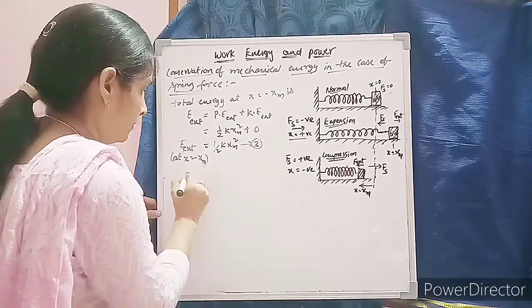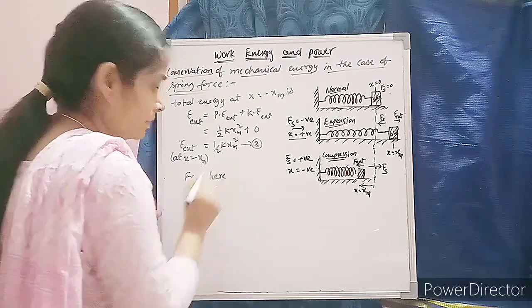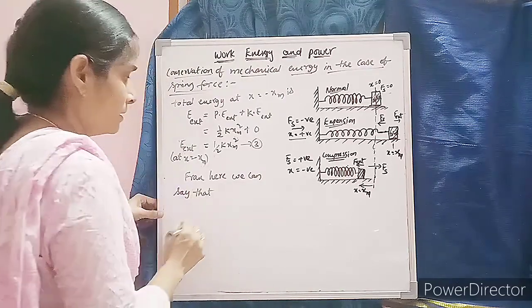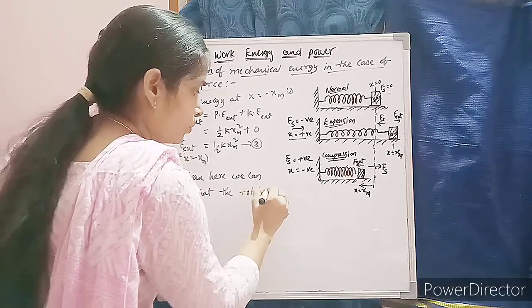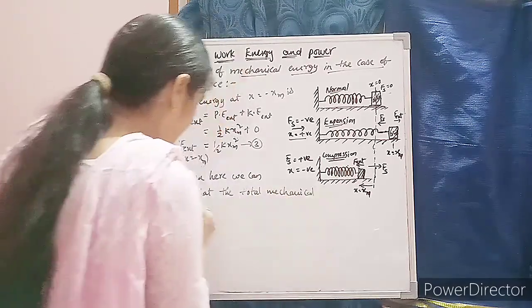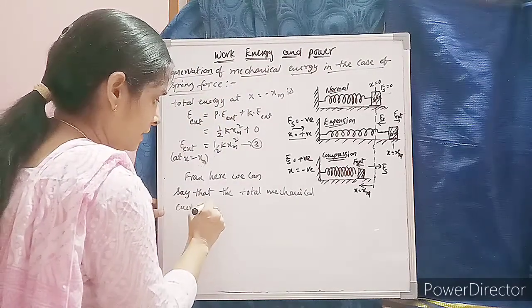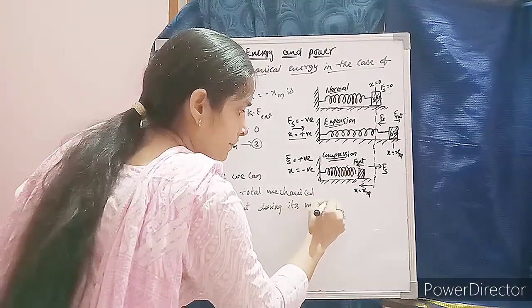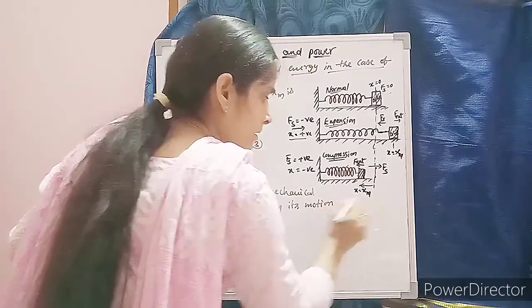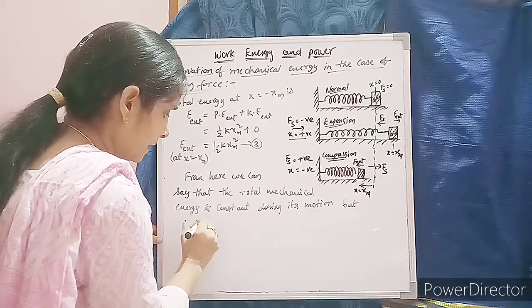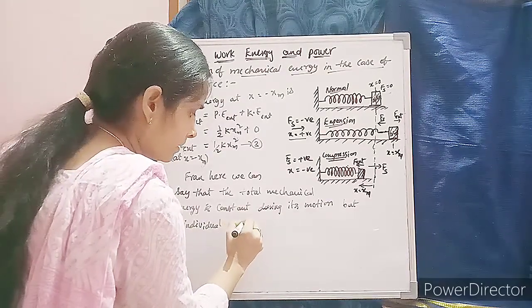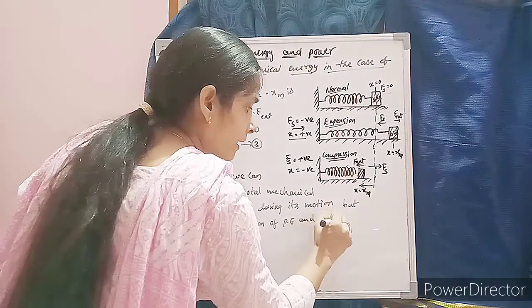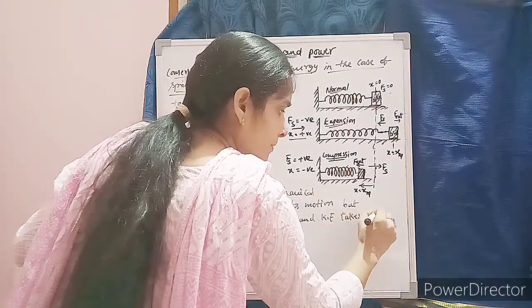Okay, so from here we can say that the total mechanical energy is constant during its motion, but individual conversion of potential energy and kinetic energy takes place.